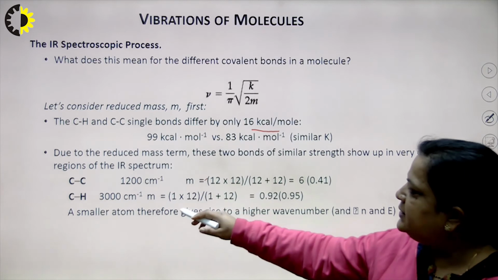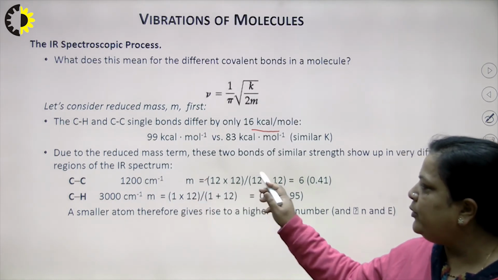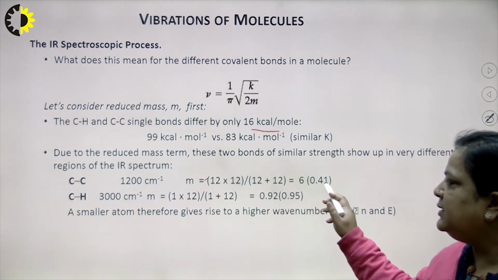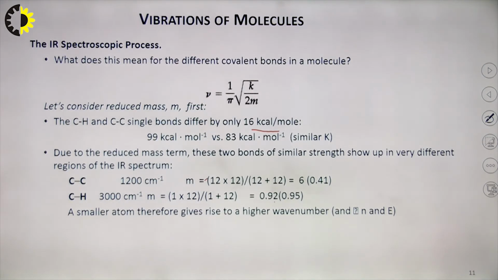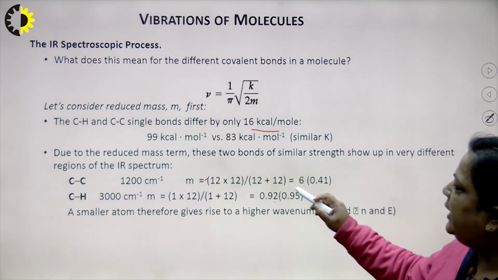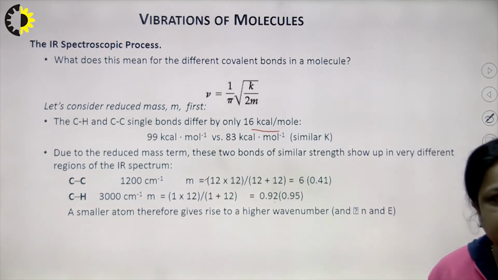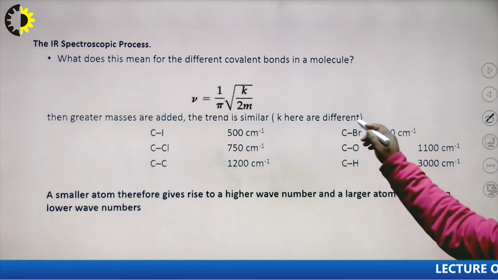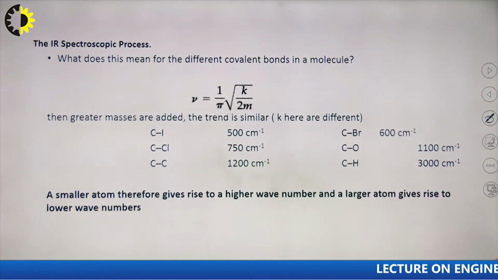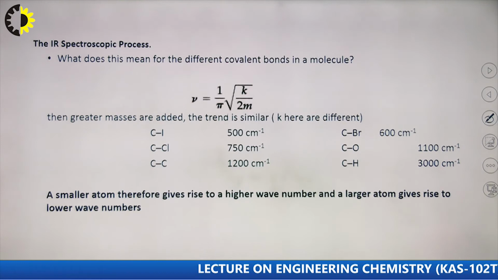If we calculate the reduced mass, mu is equal to m1 m2 upon m1 plus m2, that is 12 into 12 upon 12 plus 12, which is approximately this, and for C-H it is approximately this. So, as the reduced mass increases, the IR frequency decreases. The behavior is similar here: as the value of mu increases, the IR frequency decreases.